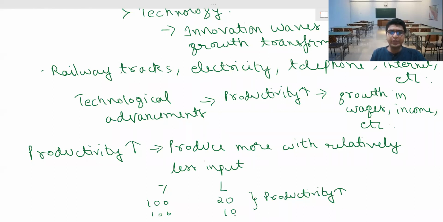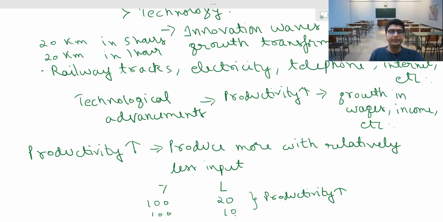Basically, I'm talking about transportation. Okay. So earlier, let's say you were able to transport some of your goods 20 kilometers in, let's say, 5 hours. But when there were railway tracks, now you are able to do the same transportation in, let's say, 1 hour. Okay, so that's a productivity increase enabled by technological advancement.